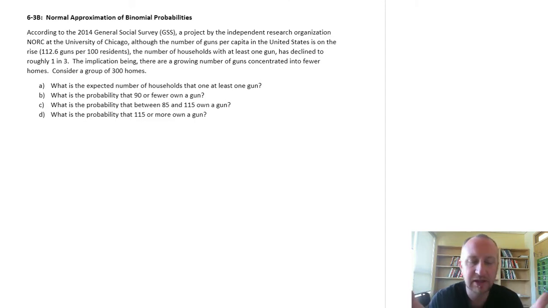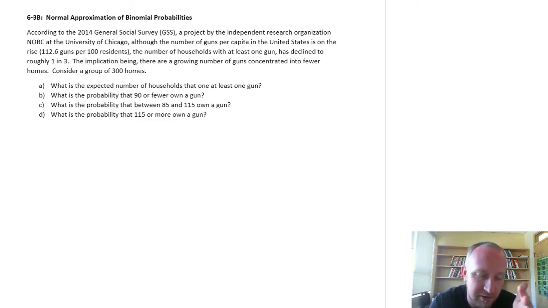So here we go. An interesting survey I found not too long ago looking at gun ownership in the US. The number of guns per capita is on the rise. We have more guns than we have people, roughly just under 113 guns per 100 residents. However, the number of households with at least one gun has declined.